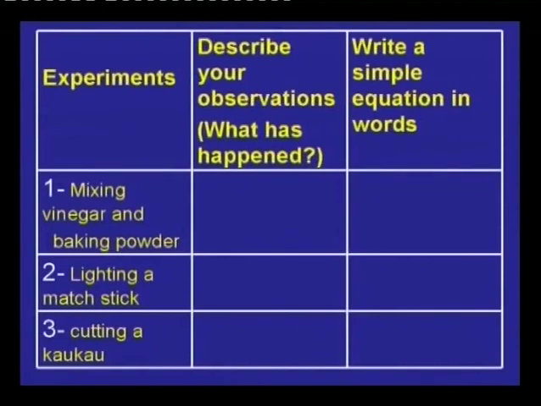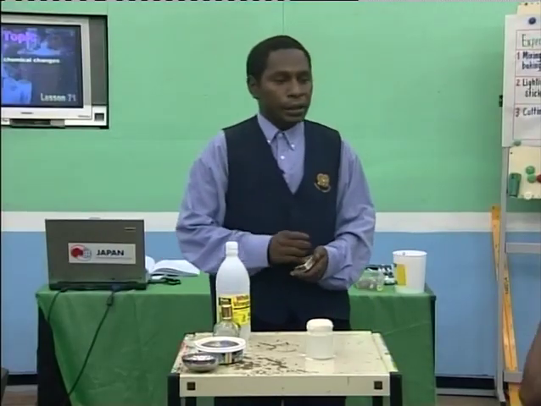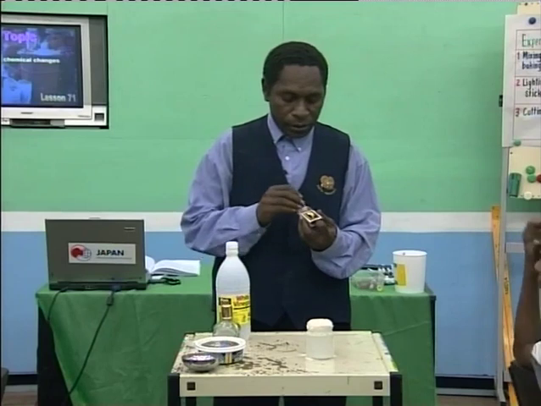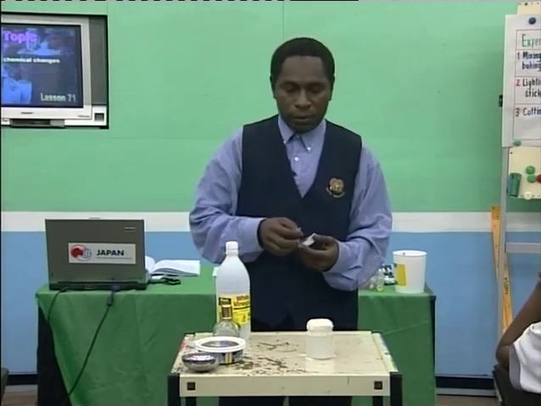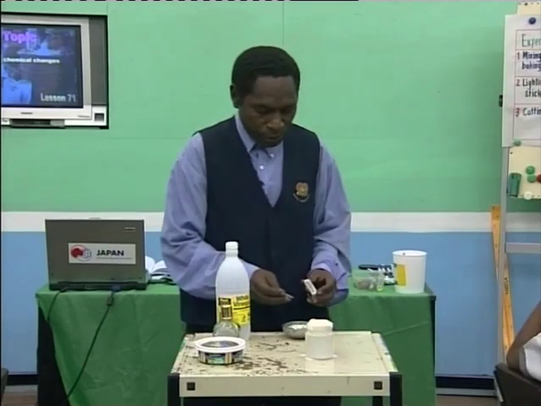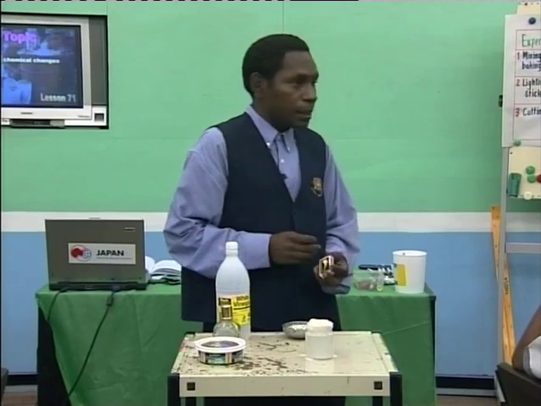Okay, the next observation, we are going to be lighting a matchstick. Okay, this is common. It happens every day. You observe and then you write down your result. So you watch carefully and see what has happened.